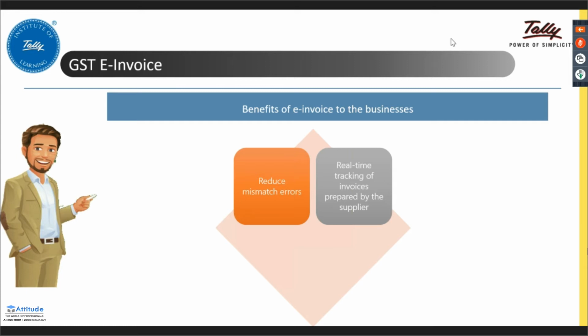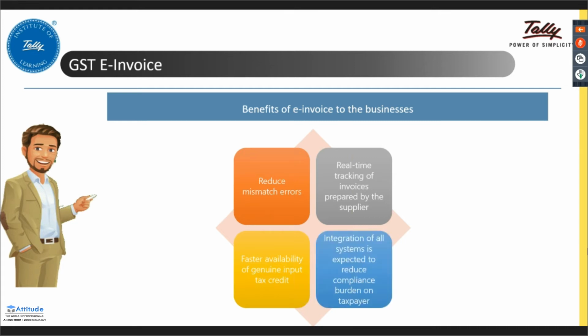Using a QR code scanner, we can easily track the invoices prepared by the supplier. One more benefit is the faster availability of the genuine input tax credit. Once the e-invoice is issued, ITC will be available automatically.